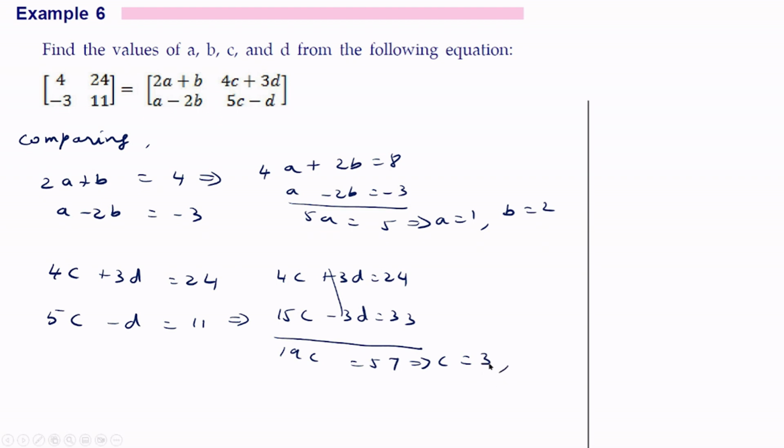When we substitute c as 3 here, we will get d is 15 minus 11, which is 4. Therefore, we have a equal to 1, b equal to 2, c equal to 3 and d equal to 4. So these are the values for a, b, c and d.